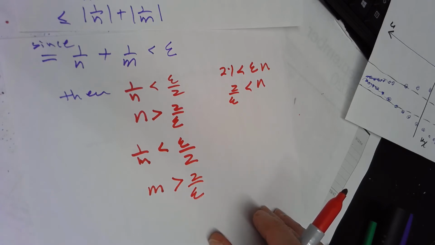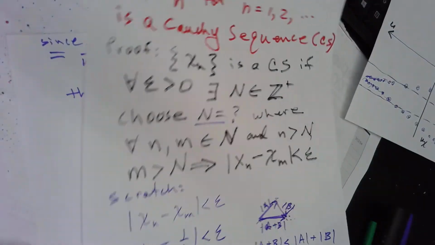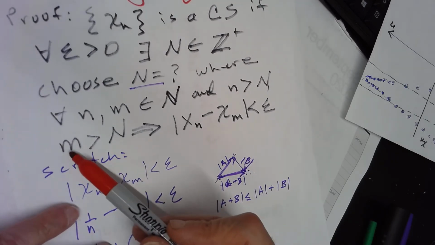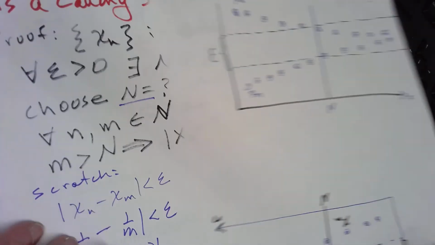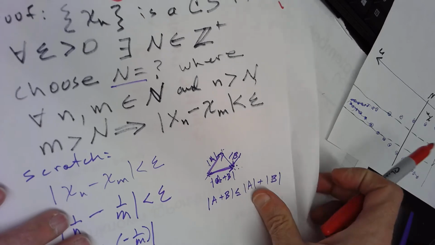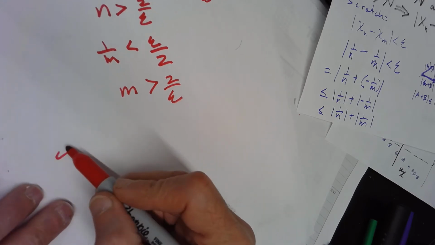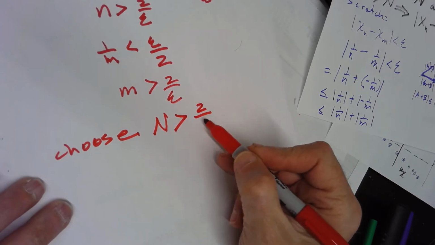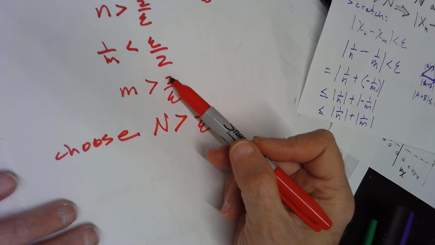So from here, since we said that m is greater than the uppercase N we set for our limit, and n is also greater than our uppercase N, then we can choose N to be greater than 2 over epsilon, because lowercase m is greater than N, and that's greater than 2 over epsilon.